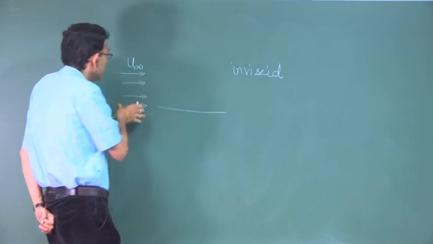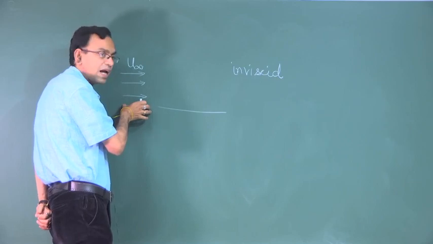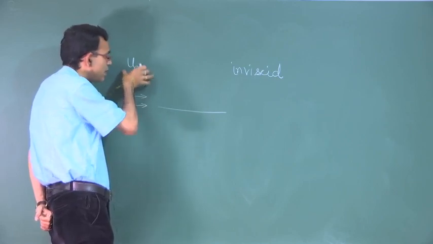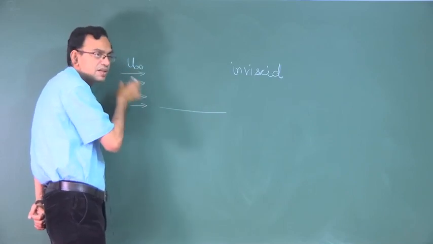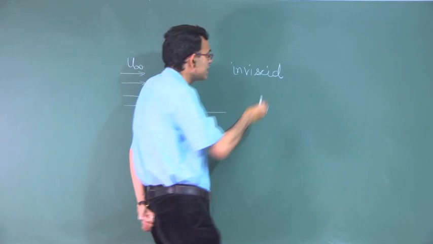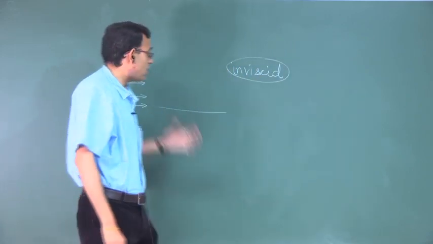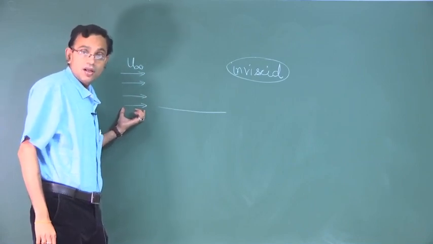Why? Because the shear stress is the product of the viscosity times the velocity gradient. Here there is no velocity gradient because it is uniform velocity, that means the shear stress is 0. So, to that extent, this velocity profile snapshot is an inviscid flow.